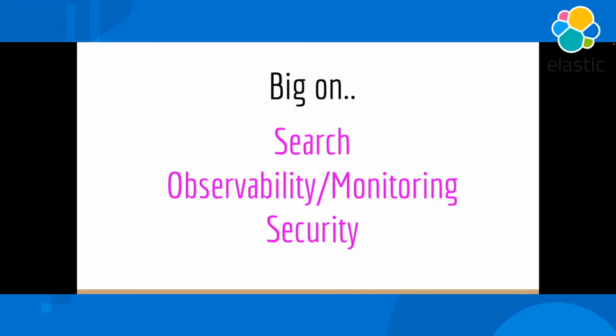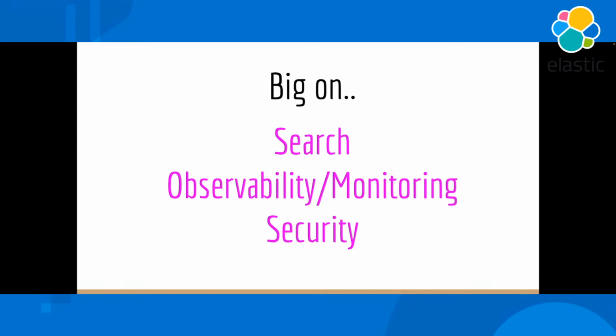But in all, Elasticsearch has three components or three parts. It's really big on search, obviously, search analytics. It's also big on application performance and management, so the observability and monitoring side of things. And the final part is security. These are the three modules that you will get into straight away when you start using Elasticsearch.